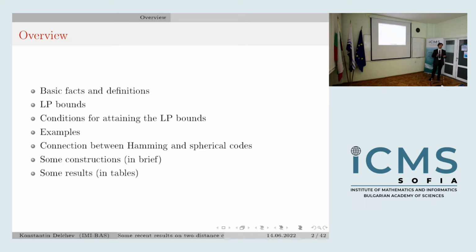See what else we can do with a connection between Hamming and spherical codes. Basically a way to go into another space where we can do these bounds, and then go through some constructions and some table results in brief, probably.